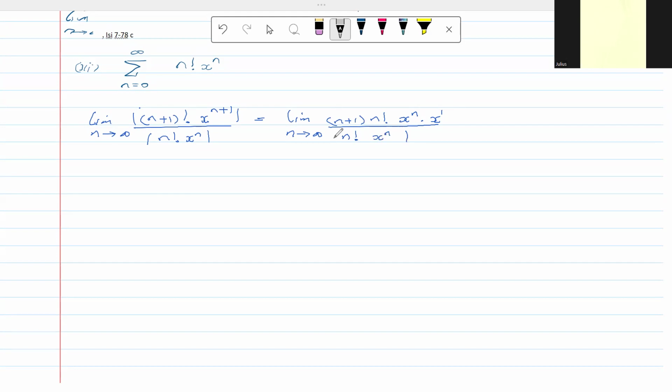And I'm using the absolute value because I want to get positive numbers. So n factorial cancels with n factorial, x to the n cancels with x to the n, and this is left as the limit as n tends to infinity of n plus 1 multiplied by x.